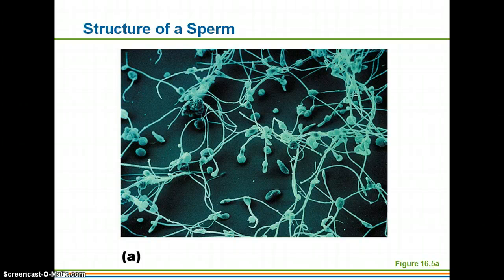And here we have an actual image of what sperm will look like. You'll notice that not all the sperm have flagella. Not all sperm will be completely good sperm. So it's survival of the fittest. Who can actually make it to the egg and penetrate it?